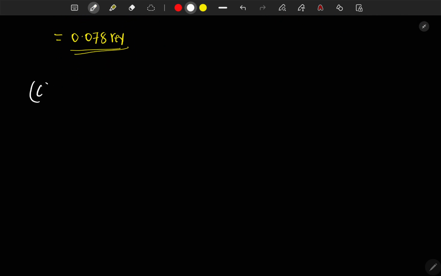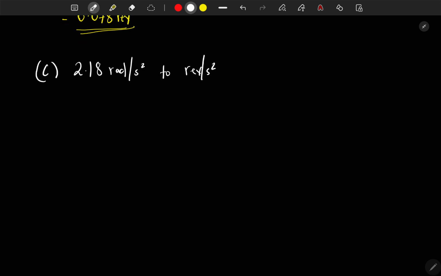The next one we are going to convert is 2.18 rad per second squared. I want us to convert this one to revolutions per second squared. It's very easy. All right, just take your time.